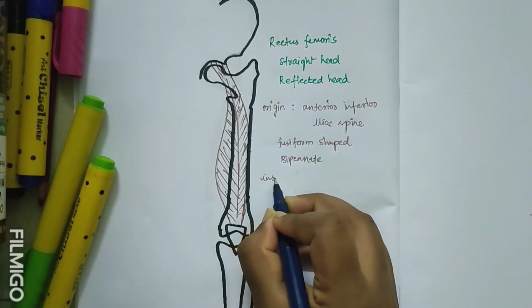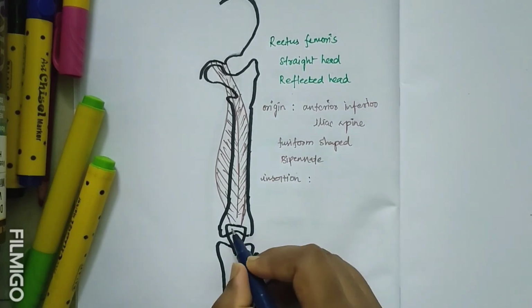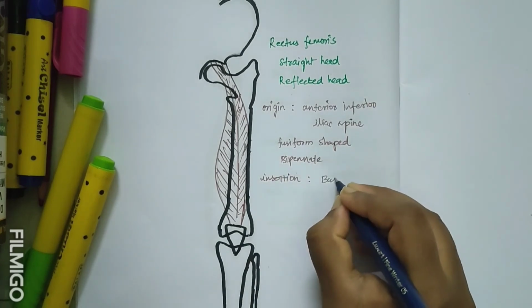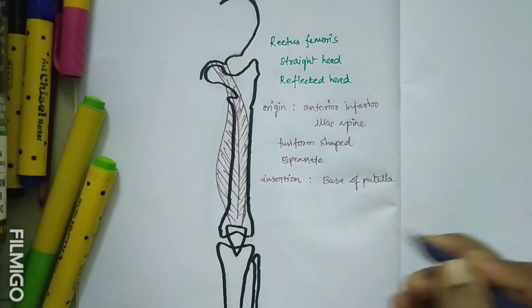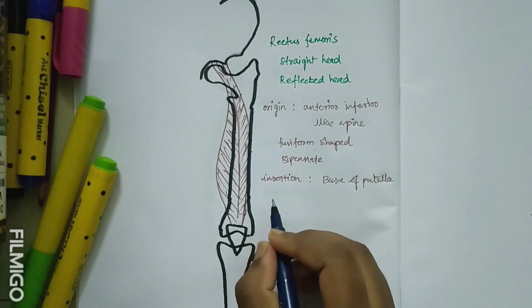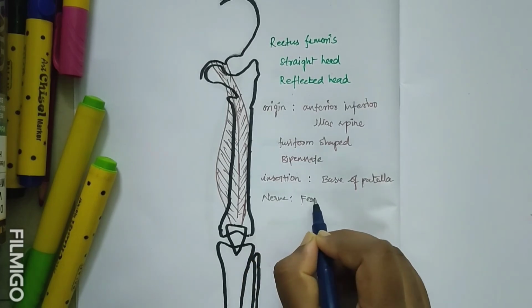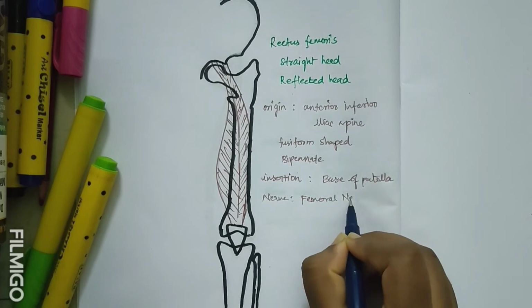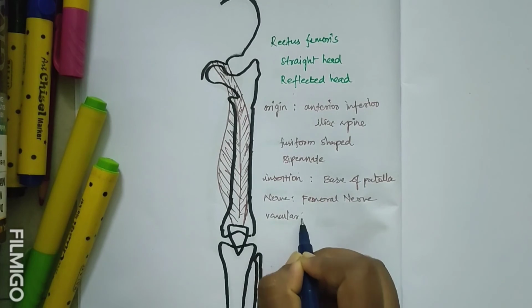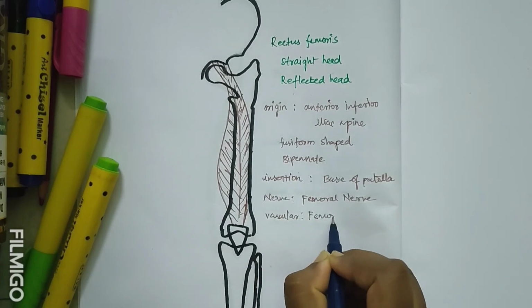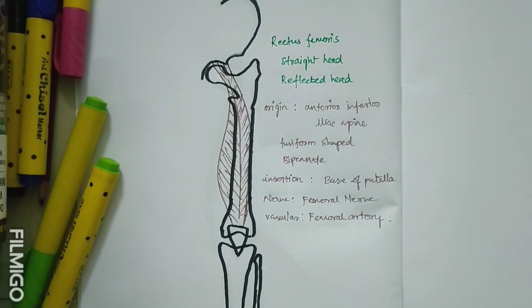Insertion: base of patella. Then nerve supply: femoral nerve, and vascular supply: femoral artery.